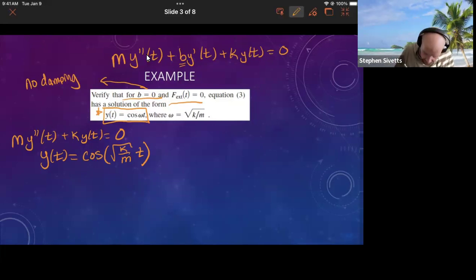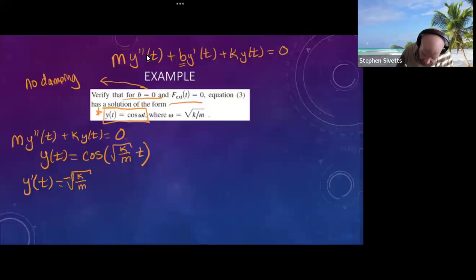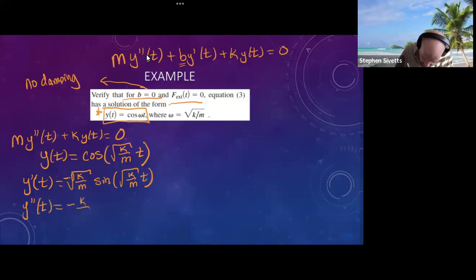You're using the chain rule. So y prime of t equals minus the square root of k over m times sine of the square root of k over m times t, and then y double prime of t is minus k over m times cosine of the square root of k over m times t, right?